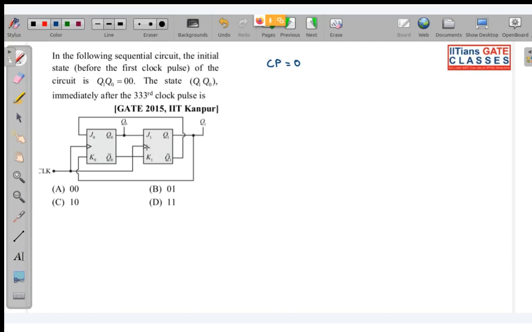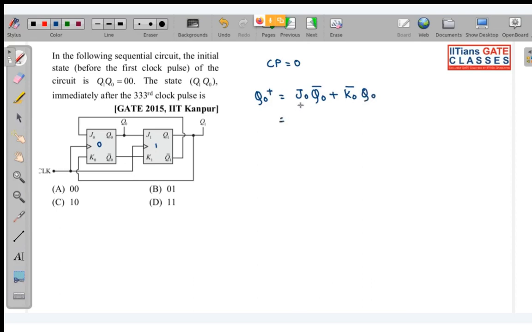So you can see this is your 2-bit synchronous counter. So it will have some counting states. Let us try to find that. If I write the next state equation, J0 means the 0th flip flop and this is the first flip flop. So Q0 plus will be J0 Q0 complement plus K0 complement Q0.